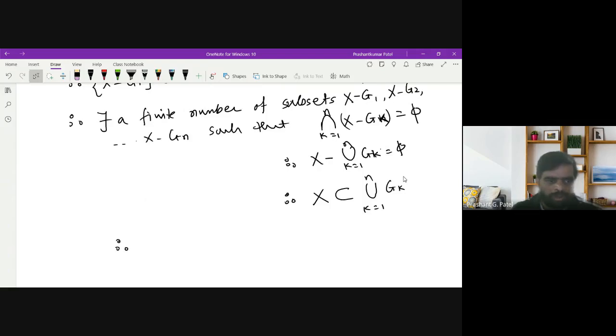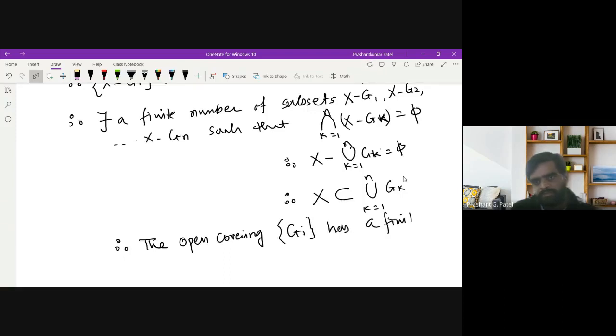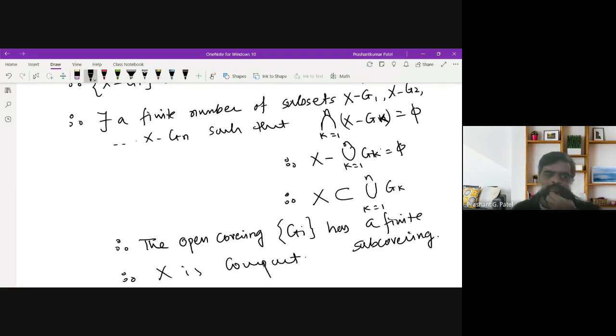That means the open covering Gi has a finite subcovering, and which completes that X is compact because of the Heine-Borel property. Okay.